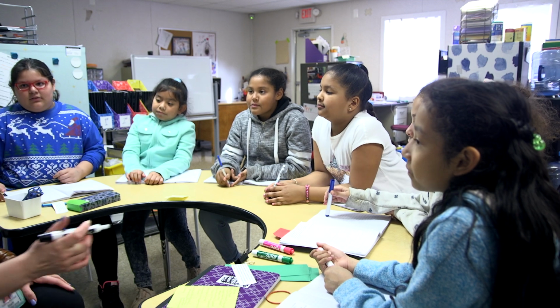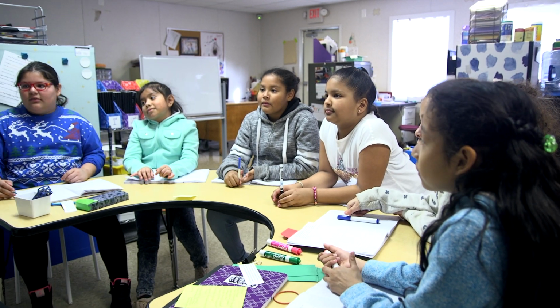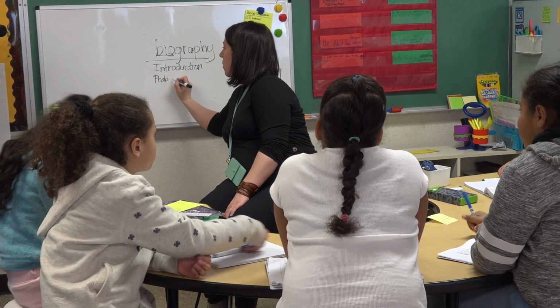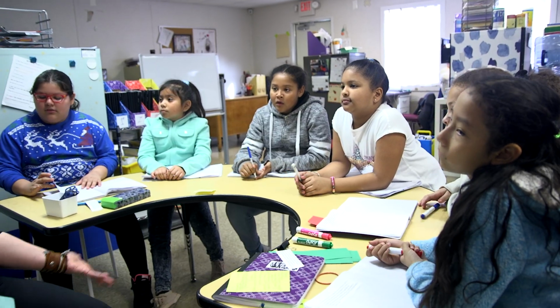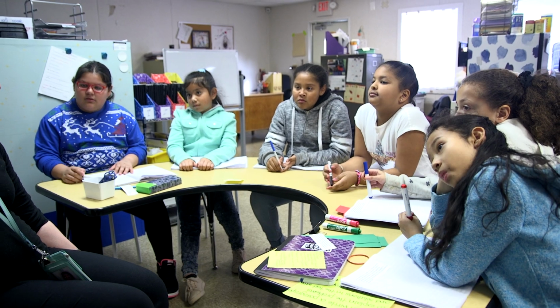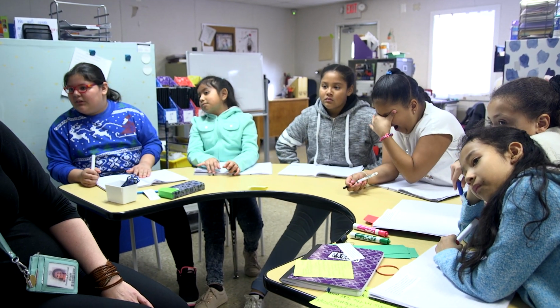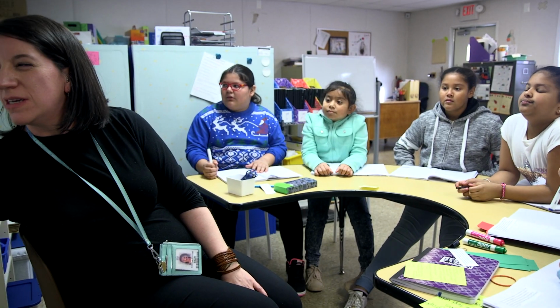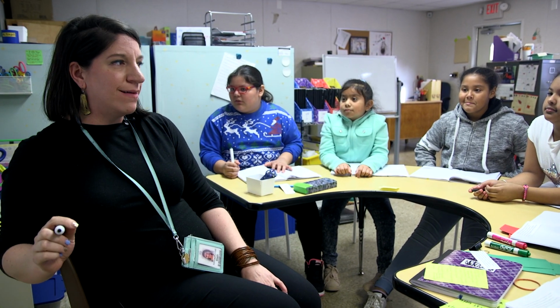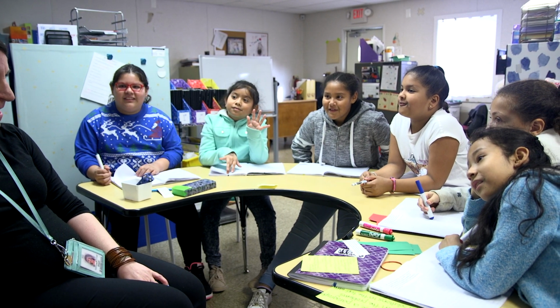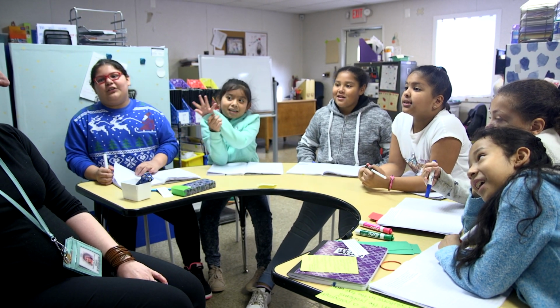So then maybe we'll say problem number 1. You pick a problem that he faced. And then I'm going to write job 1. Okay? And then are you just going to talk about only the problems? And the solution. Yeah. So we're going to talk about problem 1. Then we're going to talk about solution 1. How many problems do you think we should talk about? 10? Yes. Wow, that's going to be a long paragraph.